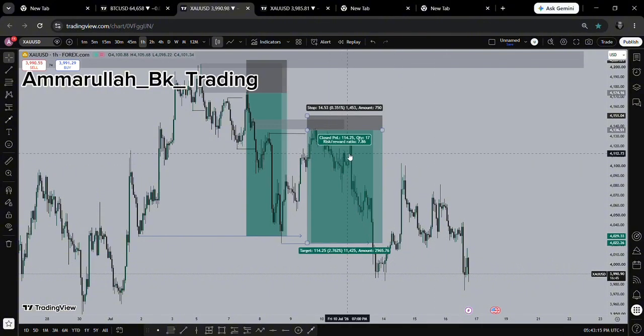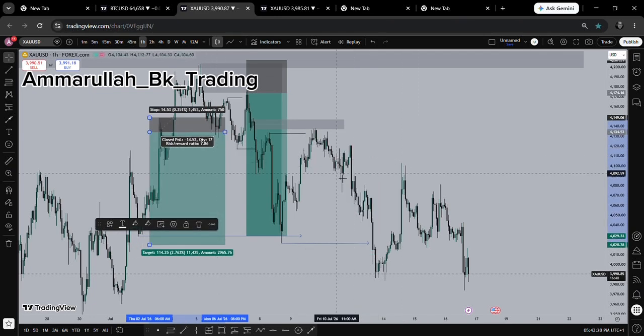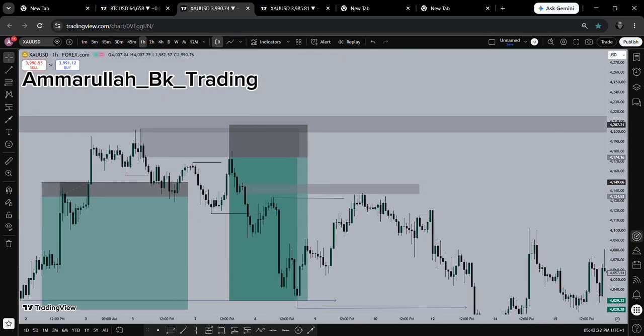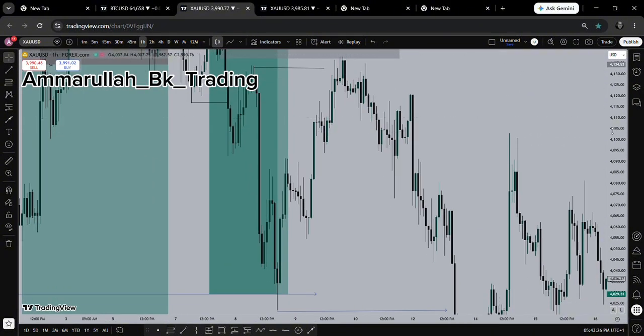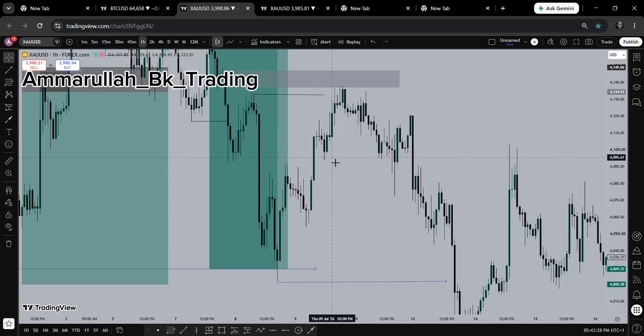Then let me remove this first. Now it's more clear. Break. After it breaks this, then it reverses. The first retracement is an inducement.